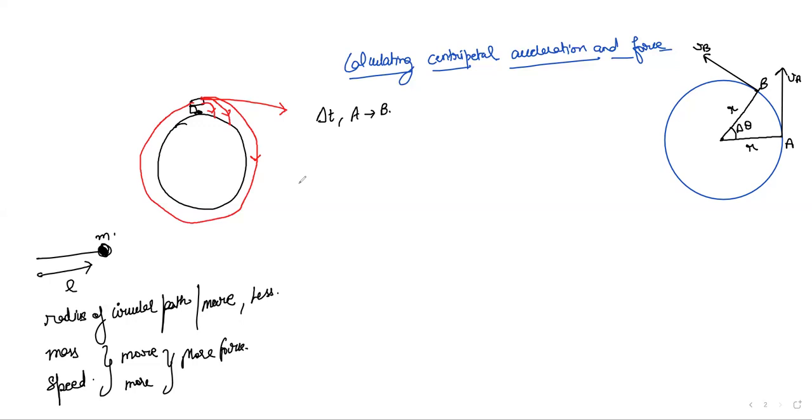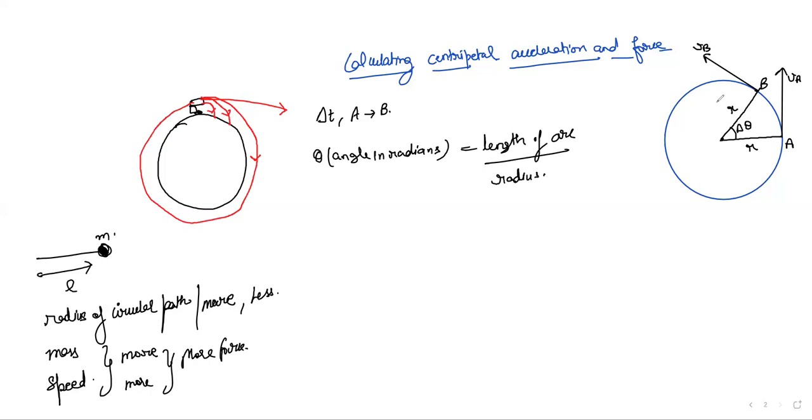How do we define that? Theta, the angle in radians, is equal to the length of arc divided by radius. This is what we do, right?